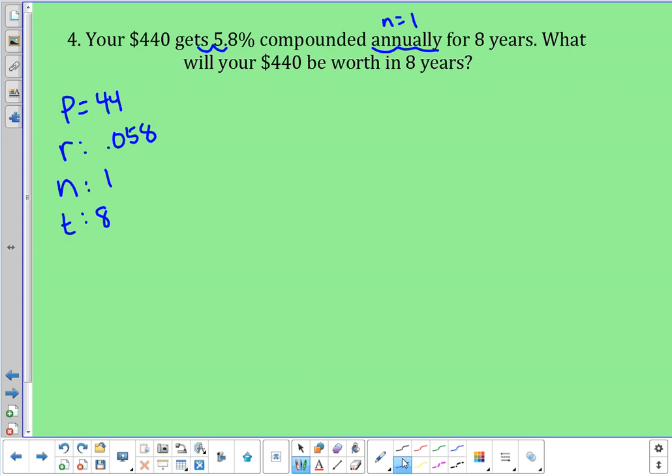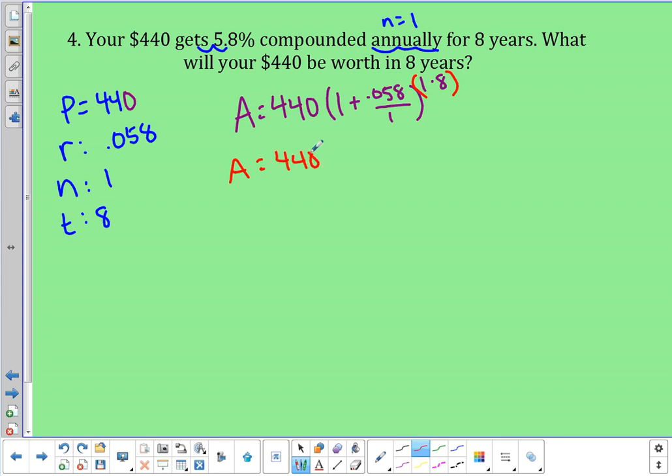So here's our formula. A equals, oh, sorry, I didn't put my 0 there, duh. A equals $440, 1 plus 0.058 divided by 1 raised to the 1 times 8 power. All right, do this first, obviously. 1 times 8 is easy. $440, 1 plus 0.058 divided by 1 raised to the 8th power.